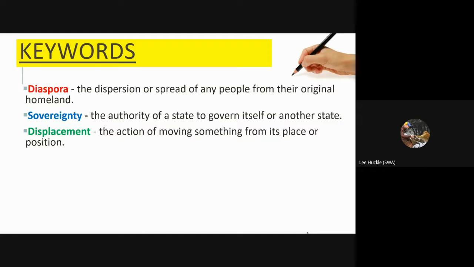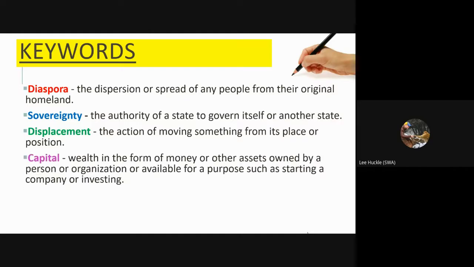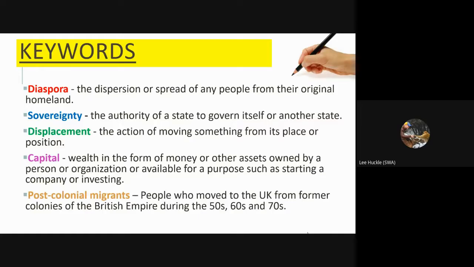And in terms of bringing that into migration, people can be displaced. We reintroduced the term capital and the term post-colonial migrants, who are people who moved to the UK in this particular instance from former colonies of the British Empire during the 50s, 60s, and 70s.